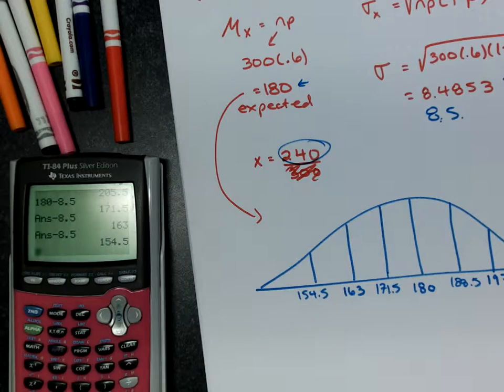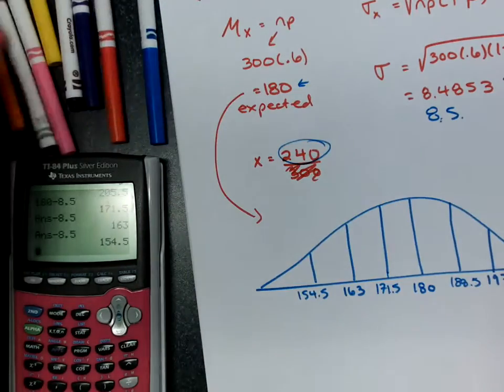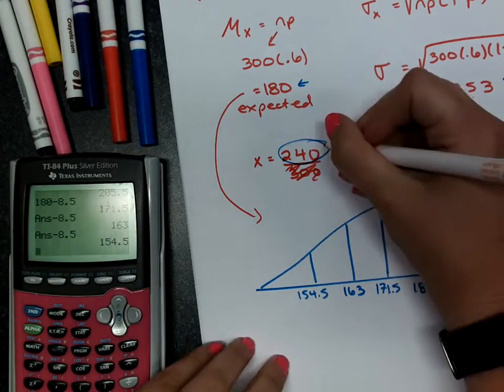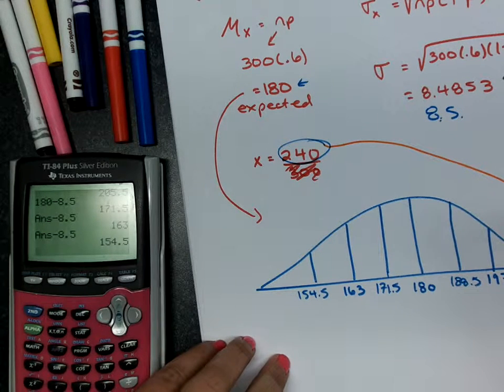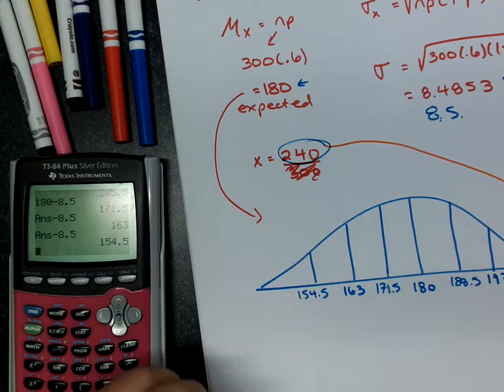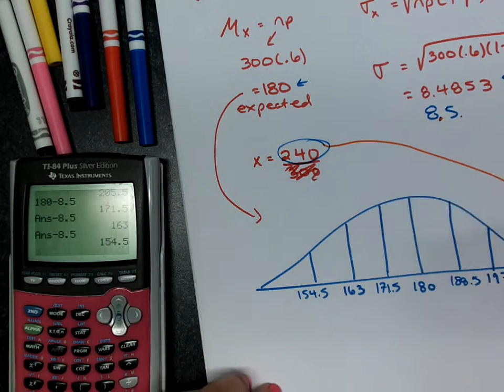Alright, but we're looking at 240 now. Hopefully we understand the bell curve enough that we understand that 240 is way, way out there. Very extreme.